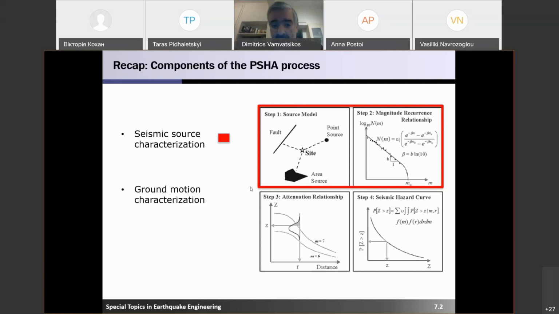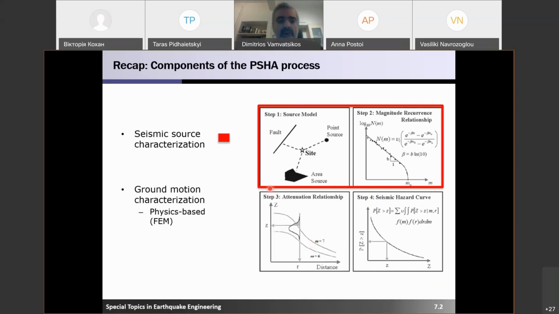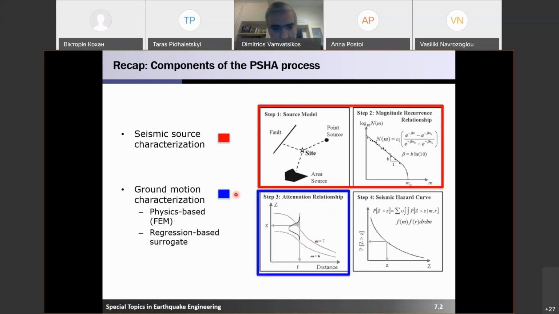And we discussed our attenuation relationship, which could be, for example, a physics-based finite element model, or, as is the usual case, a regression-based surrogate, which is the GMP, right? So remember, I showed you the Cornell classic old 1979 GMP.